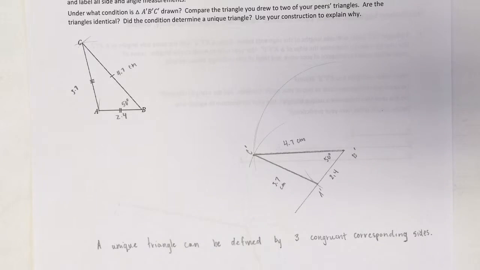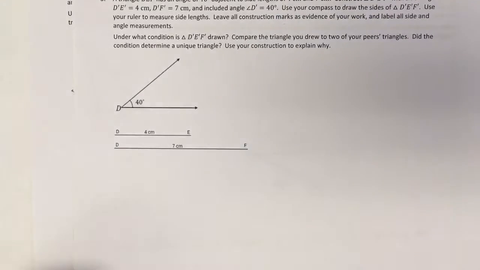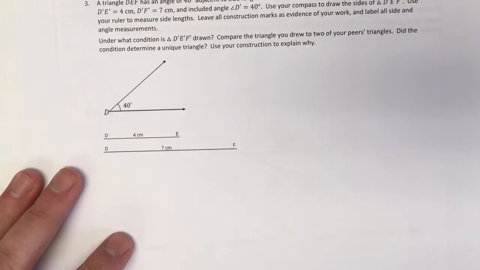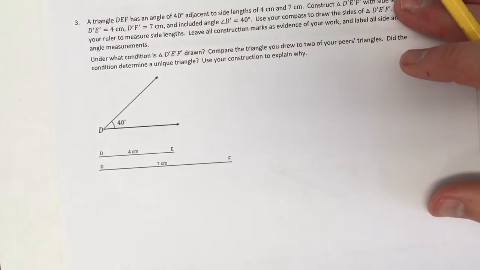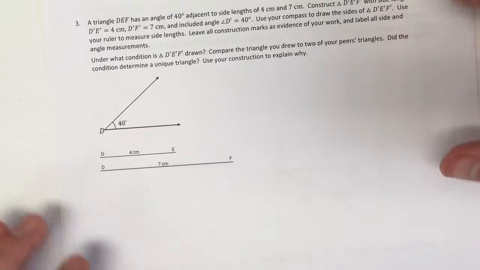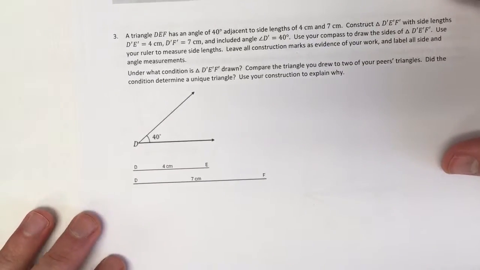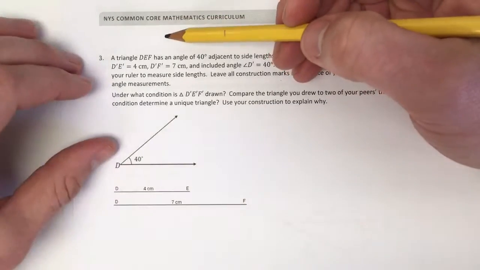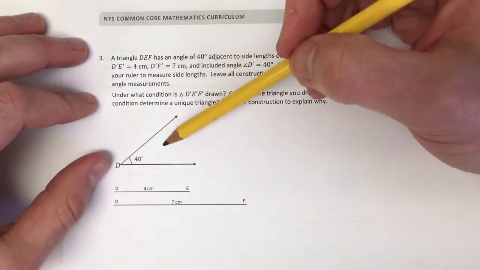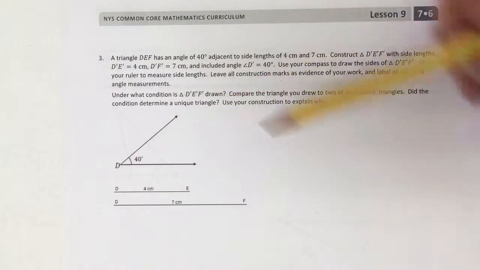So then you might begin wondering, well, can I limit the number of sides and angles that I am looking at in a different way? Because if three sides worked, is it maybe that I could do two sides and an angle? And so what we have here in this scenario is triangle DEF isn't quite created yet.